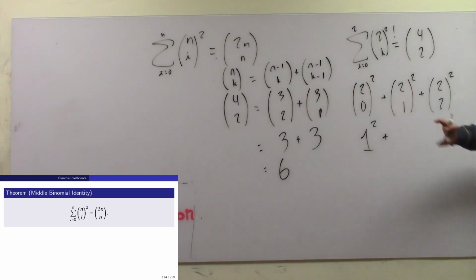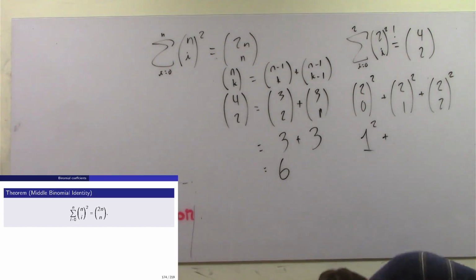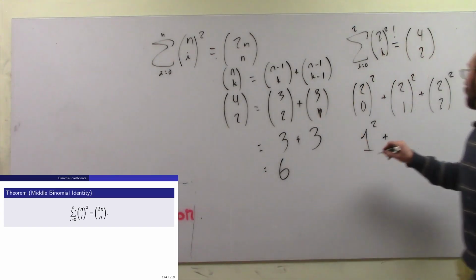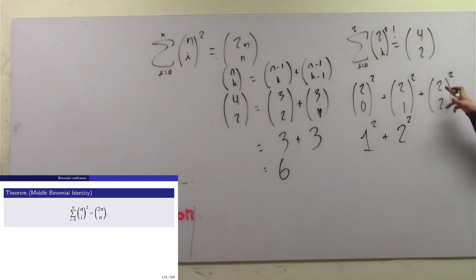Now, to choose one, same guiding principle. It's just going to be 2. We square that, and then 2 choose 2. How many ways are there to choose a 2-element subset from a set of size 2? 1. It is 1 squared. Perfect.